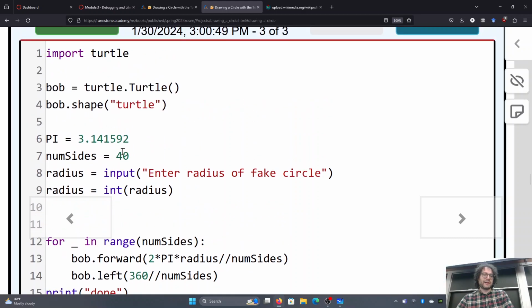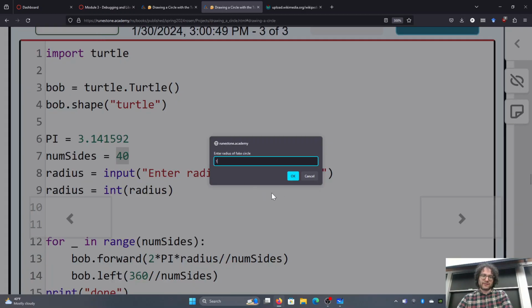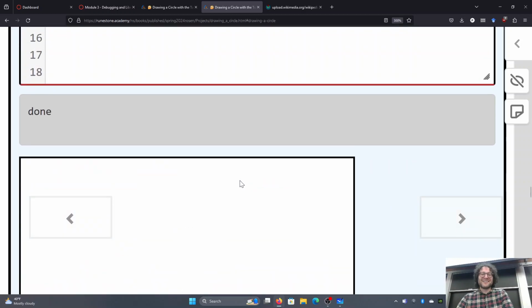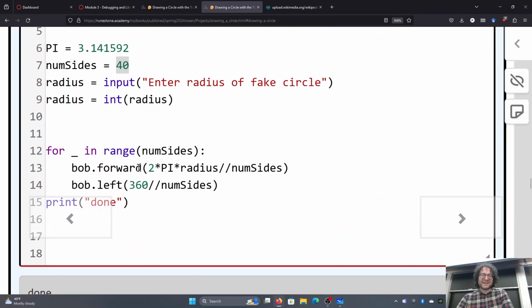If we just simply make the radius 1 for a second, I know that's rather silly, because we're going to draw something that doesn't really show up on screen, but our total amount that he turned was 2 pi, right? And since we had 40 sides, each turn he did was 1/40 of 2 pi.